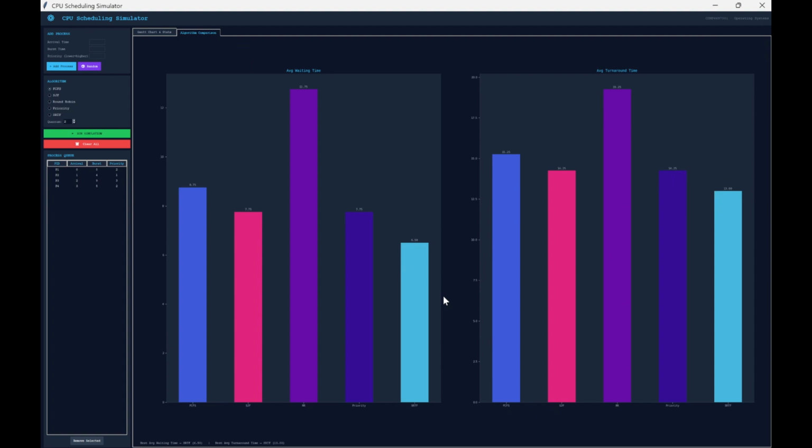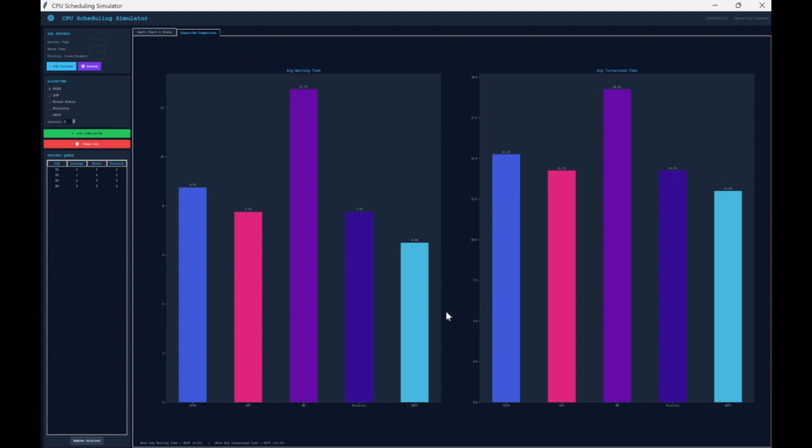So now we'll go to the SJF and priority bars on both charts, which seem to be at the exact same height. Both are at 7.75 waiting time and 14.25 turnaround time. This is not a bug.